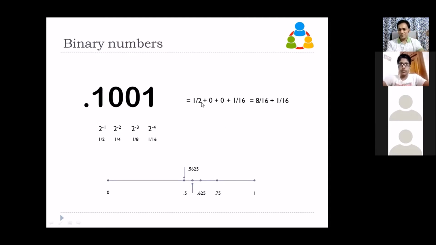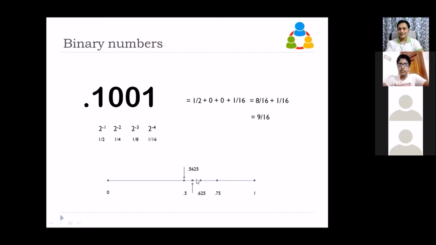So now, what is this value? We have 1 by 2 plus 1 by 16. To add, you have to bring both into by 16. We learned it in the first class. So this will become 9 by 16. Isn't this 9 by 16? Yes. Because we have divided this into 16 pieces. This is the 8th piece.